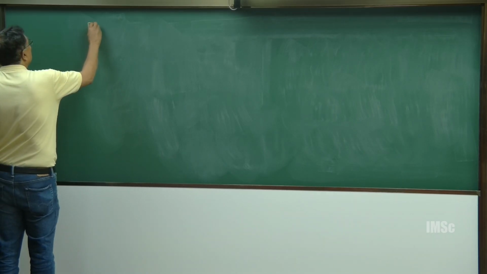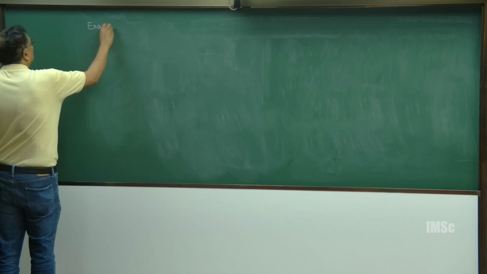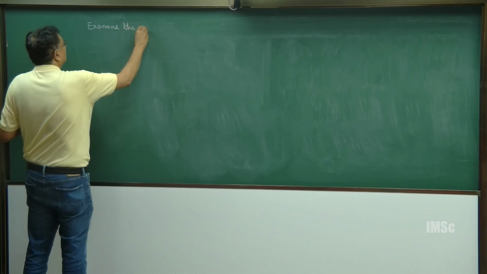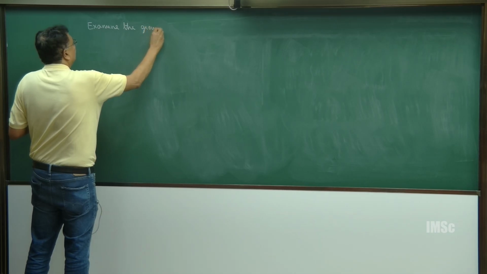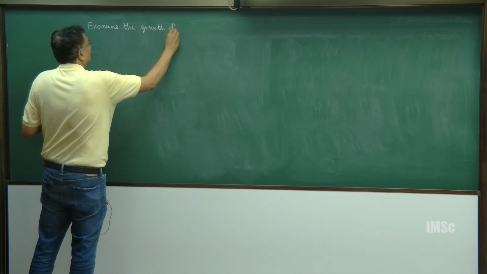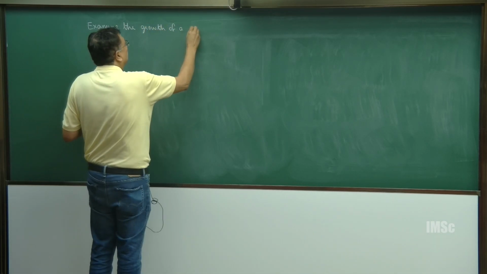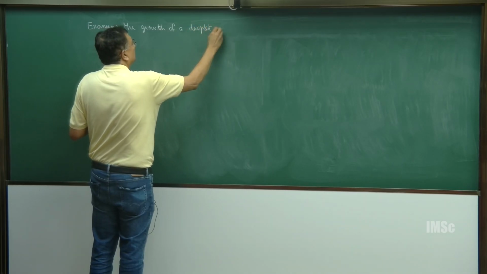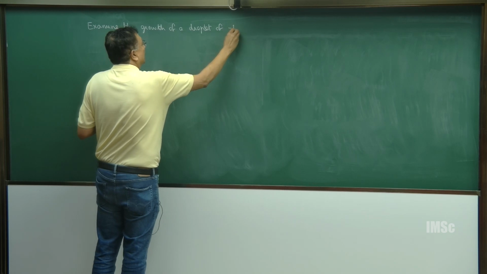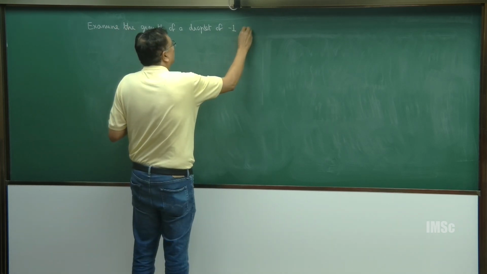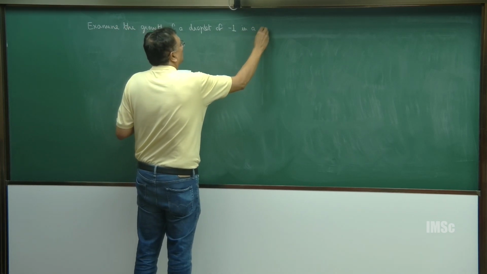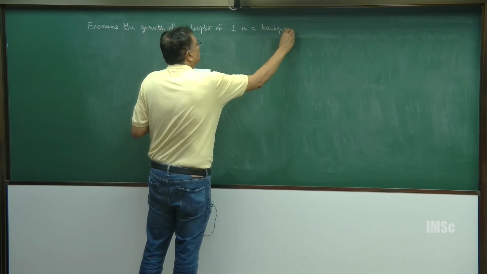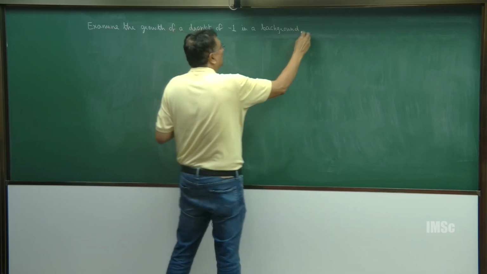Examine the growth of a droplet of downspins of -1 in a background of upspins or +1.